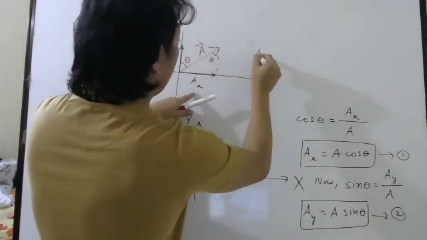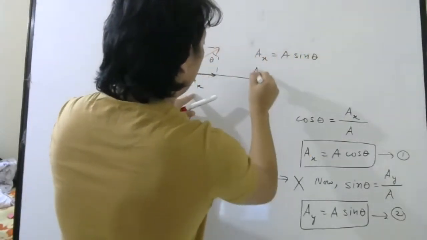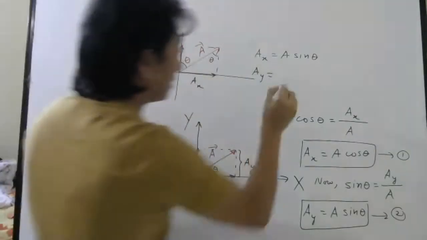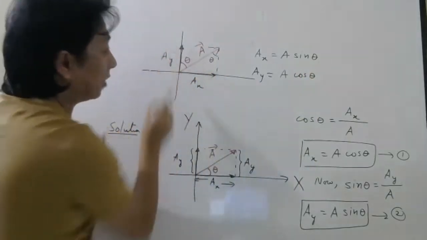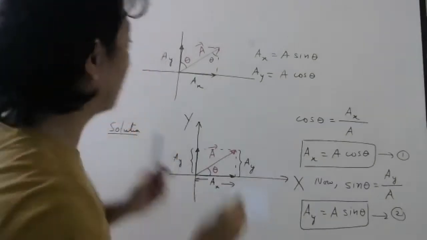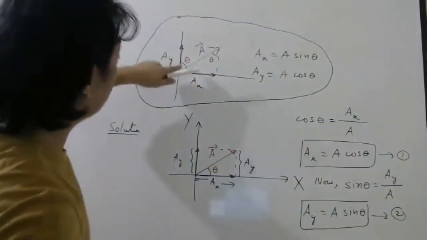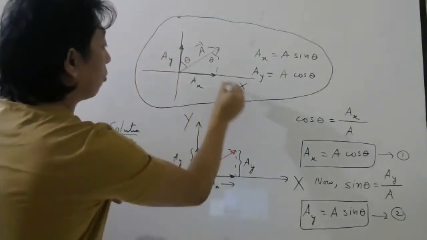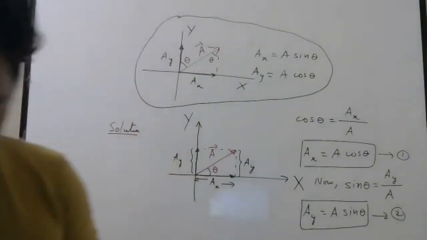So now ax will be a sin theta and this ay, which is your adjacent side, adjacent side will always have cos theta. Opposite side will always have sin theta. So this also you mention if they give theta with y-axis. I have given theta with x-axis.